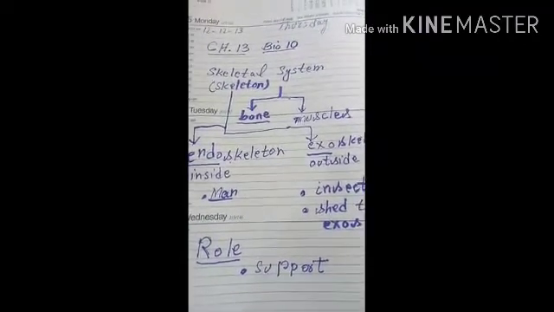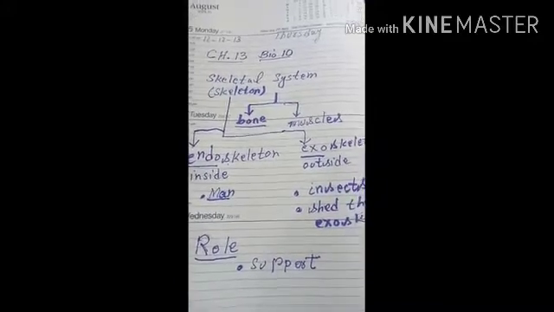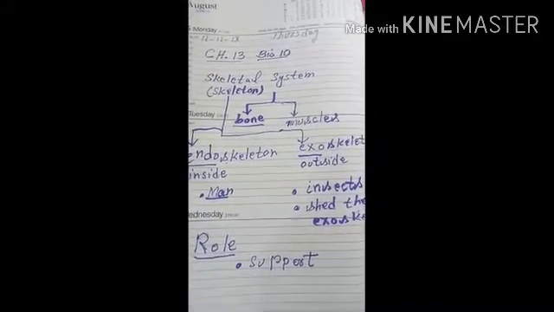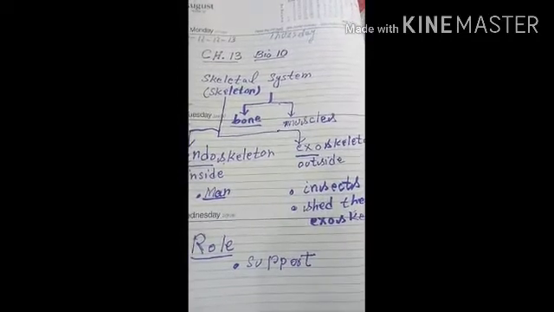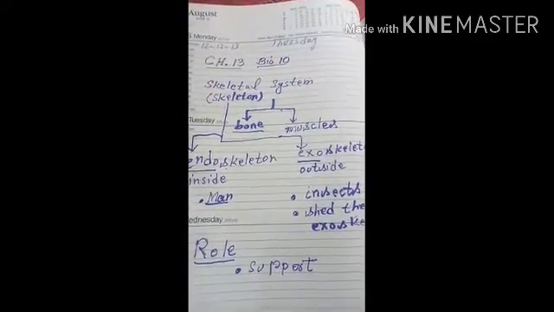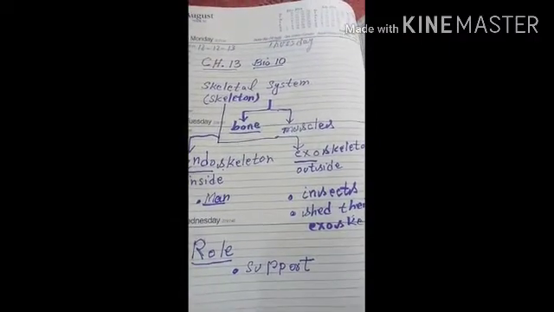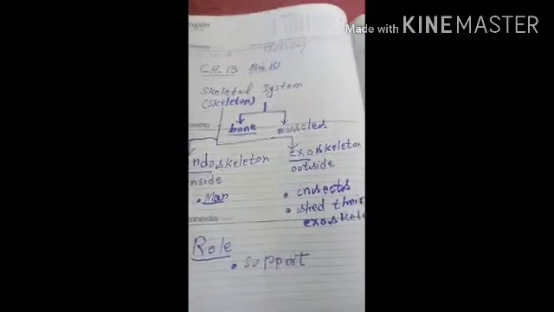So one important function of the skeletal system is support. If we remove the bones, the structures supported by the bone will fall down and collapse.